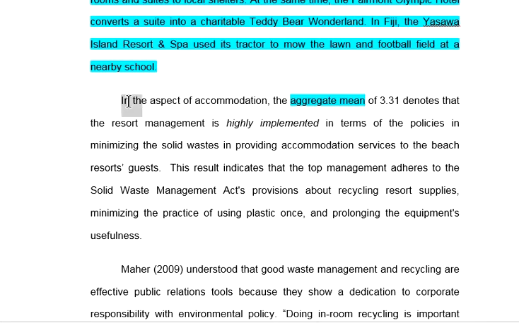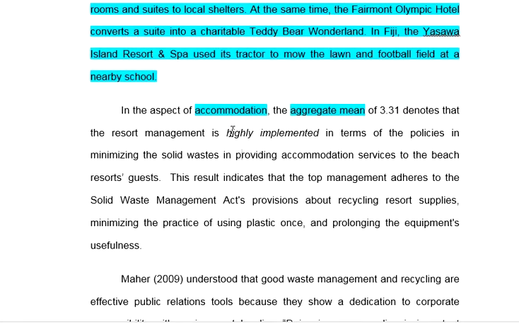So it starts with the aggregate mean in the accommodation. As we have read here, it starts with the high implementation, and this is the explanation in the accommodation.